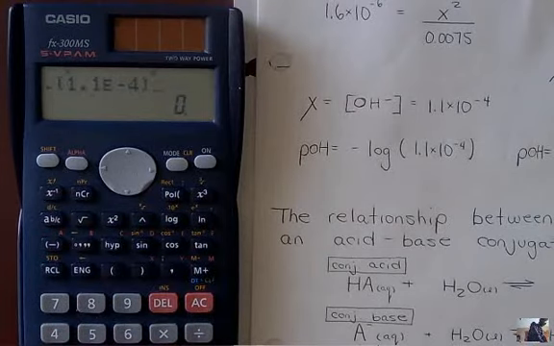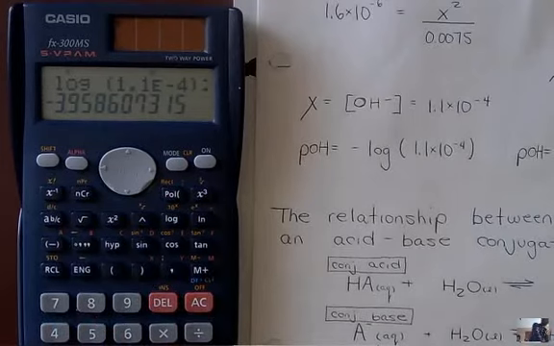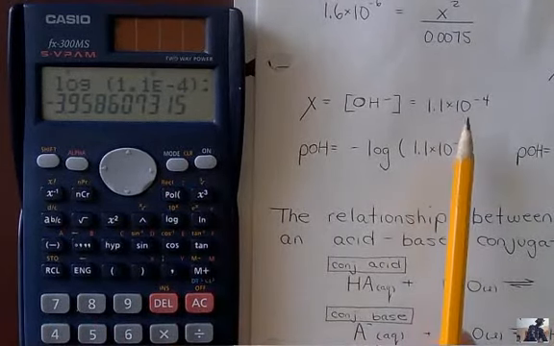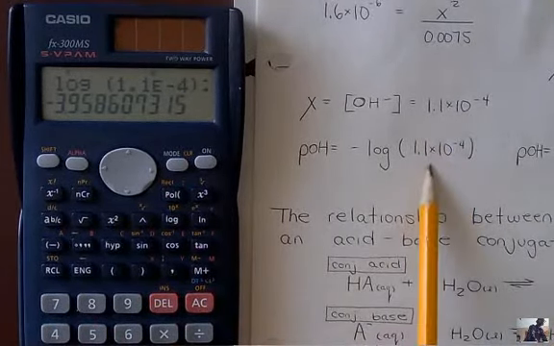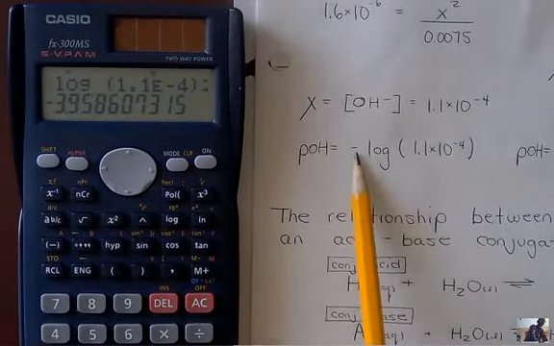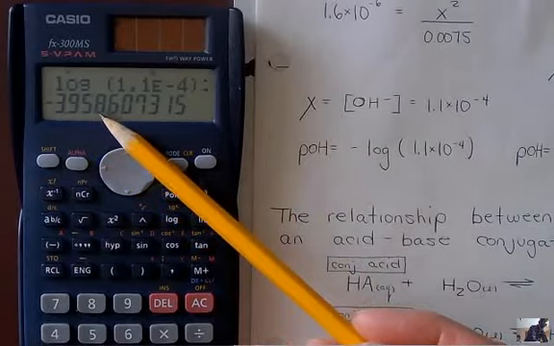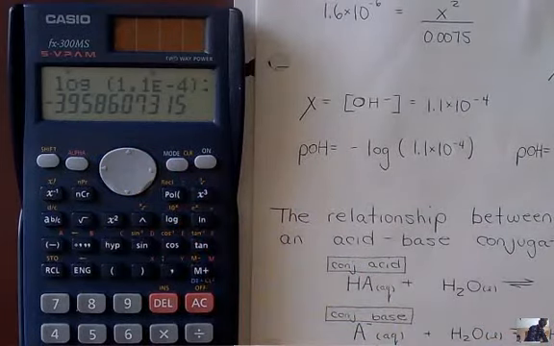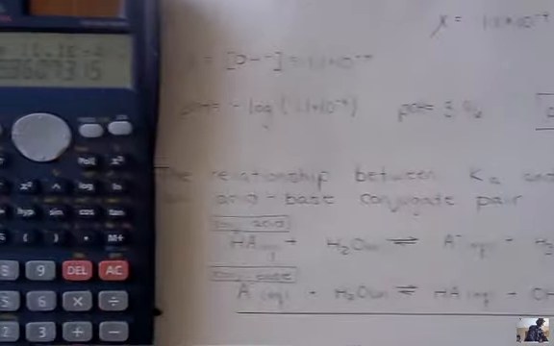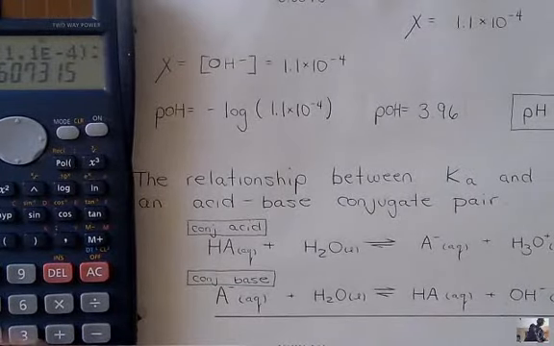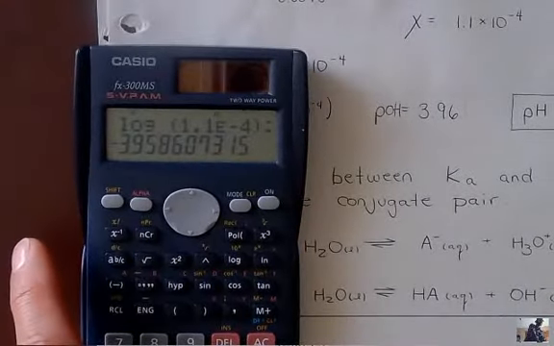Now this number I know is going to come out negative, because the log of a small number like this, 10 to the minus 4th, is going to be negative. So if I get a negative times a negative, 3.958, negative times a negative is going to give us a positive, and if I round it off, it's going to give me 3.96.